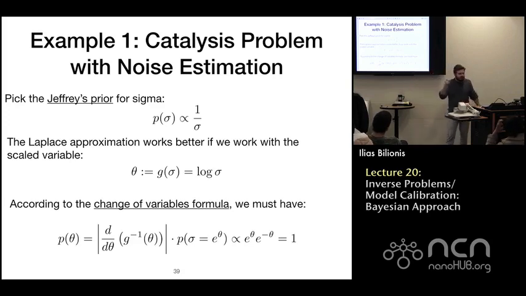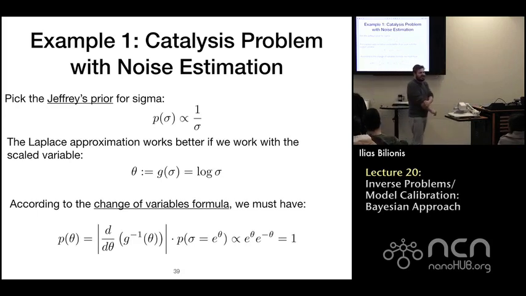Of course, the first thing you need to do is put a prior on sigma. Here I'm putting a prior on sigma which is not, strictly speaking, a distribution. It is not a density because it doesn't integrate to 1, it integrates to infinity. It is called an improper density, but it's the so-called Jeffreys prior.